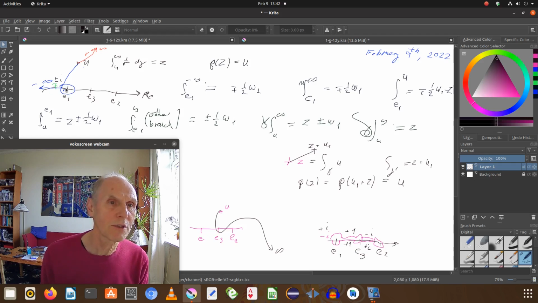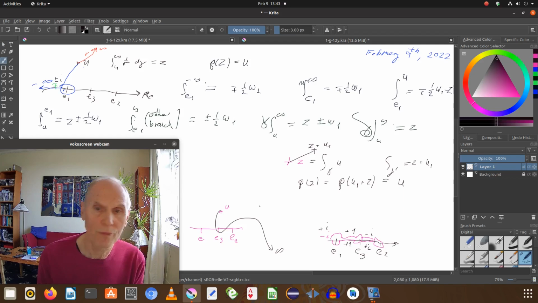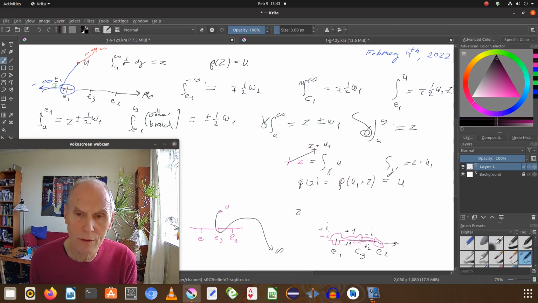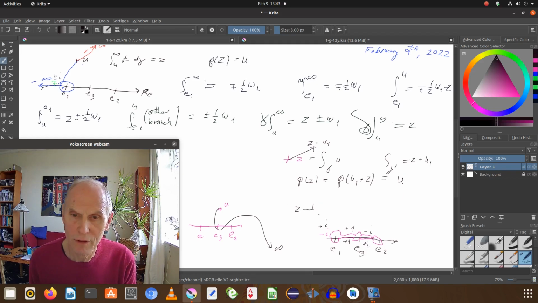So we go down to the negative, so that the integral from E1 to infinity is plus. So we have to choose the lower sign. So it's minus a half omega 1. That was from down to E1.